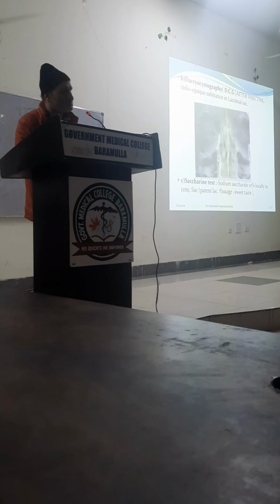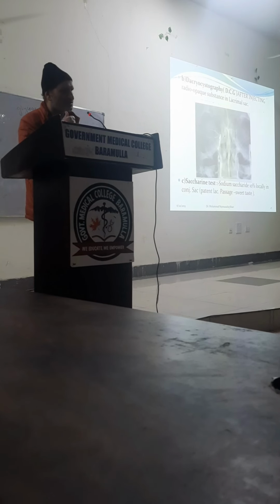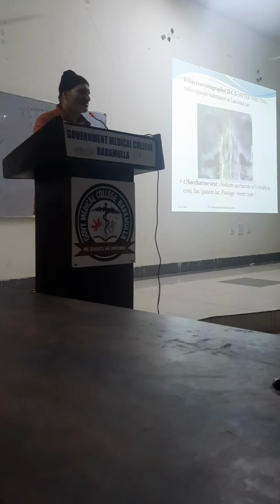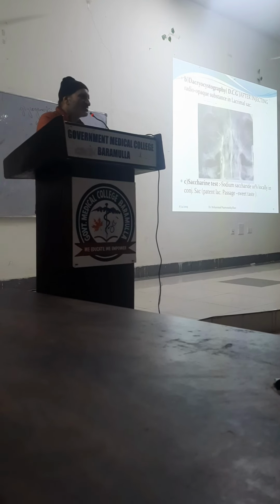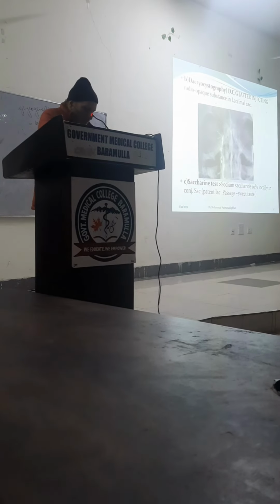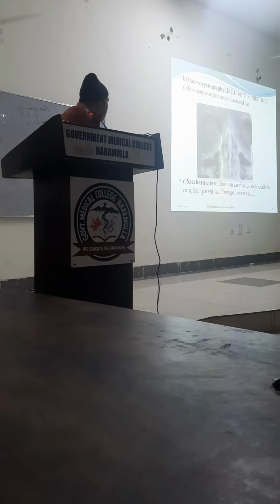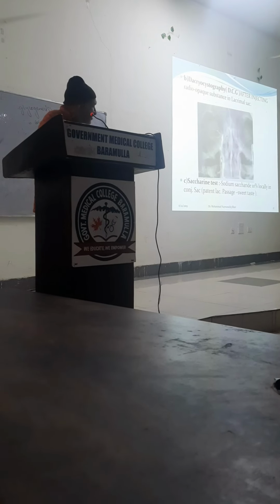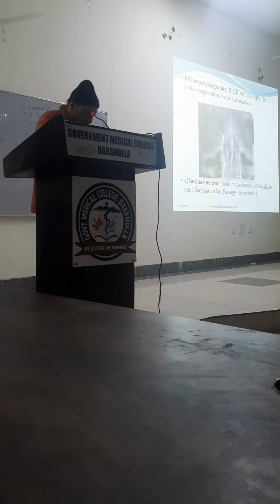We put some dye in the canalicular system, then we take repeated X-rays. We should see the passage of the dye. That's called dacryocystography. We can see the nasolacrimal duct like that.